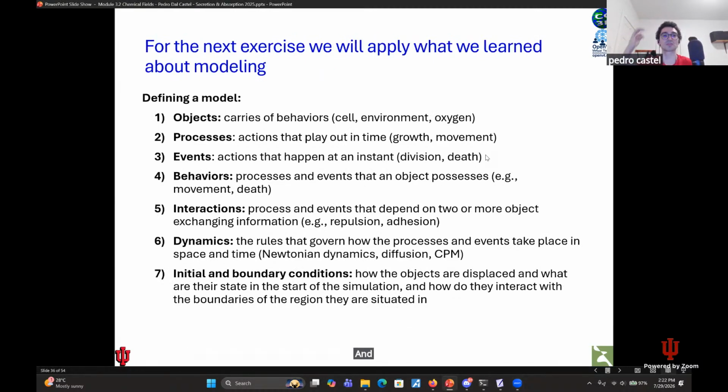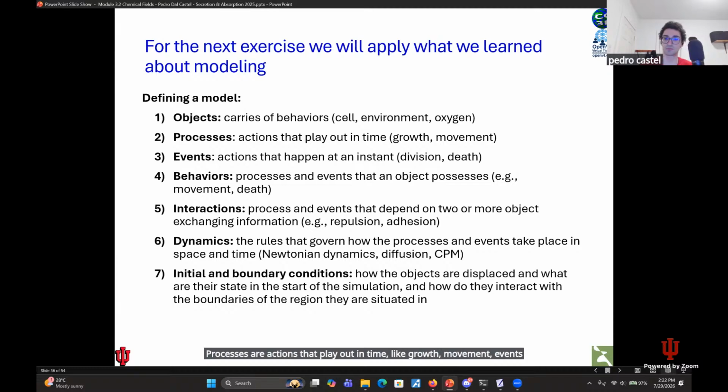And the model has a structure. It contains objects. Objects are the carriers of behaviors. For example, cells, the environment, the walls of the environment. A field is an object, for example, an oxygen field. Processes are actions that play out in time, like growth, movement.